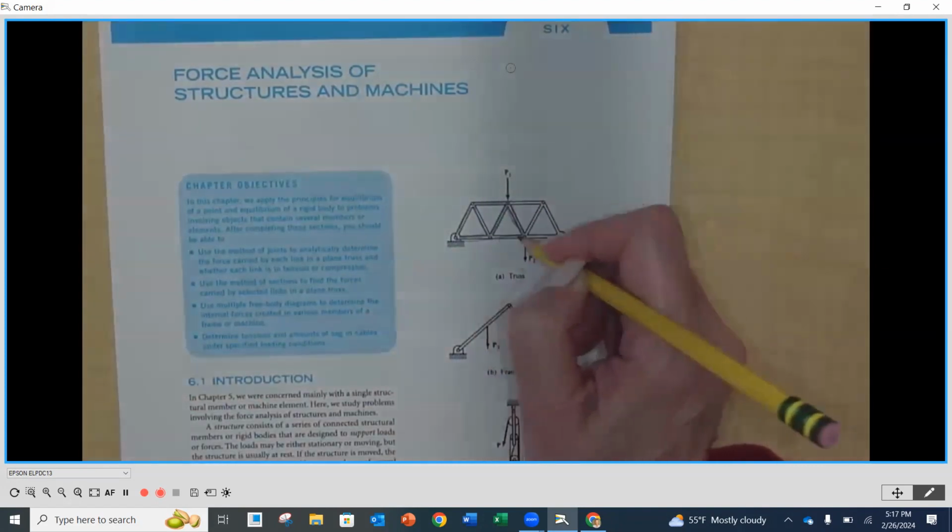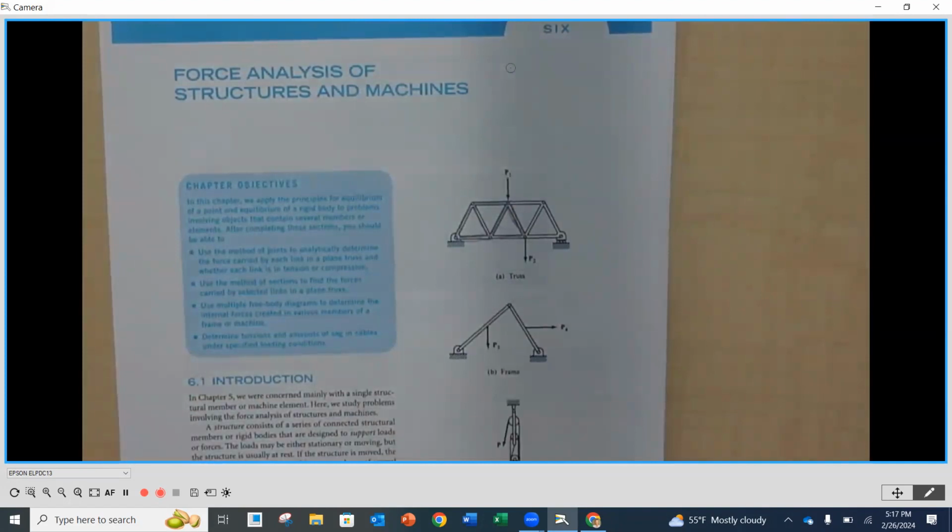And we need to figure out what is the force in each one of those members and is it in tension or compression? Okay. Now, why would knowing if it's in tension or compression be important to me, do you think? I know we haven't really gone there yet, but it could be important later on. What would we want to be interested in knowing that for?